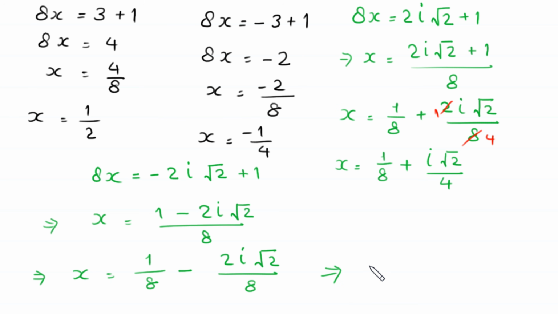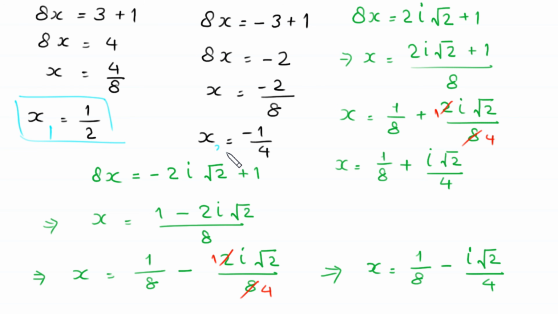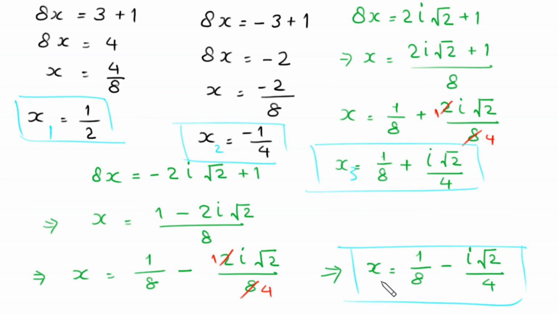This implies that x is equal to 1 over 8 minus, 2 over 8 is 1 over 4, so this will become i times root 2 divided by 4. So we get 4 solutions of this equation. This is value of x1, this is value of x2, this is value of x3, and this is value of x4.